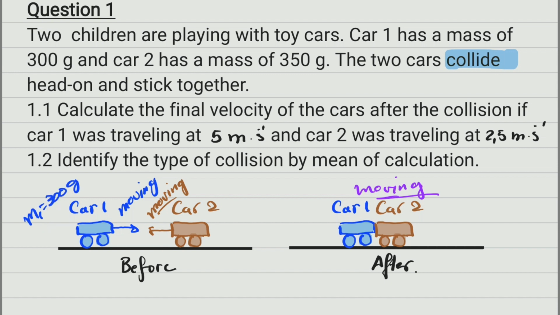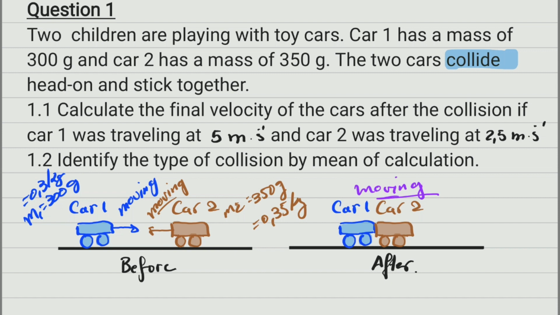You don't work in grams, you work in kilograms, so this is going to be equal to 0.3 kilograms. And then you have a car 2, mass 2 is equal to 350 grams, which is equal to 0.35 kilograms.